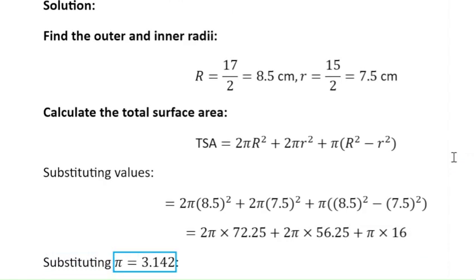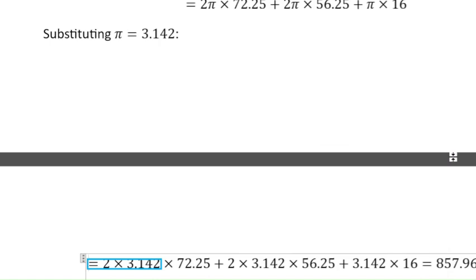Substituting pi equals 3.142: equals 2 times 3.142 times 72.25 plus 2 times 3.142 times 56.25 plus 3.142 times 16 equals 857.96 cm squared.